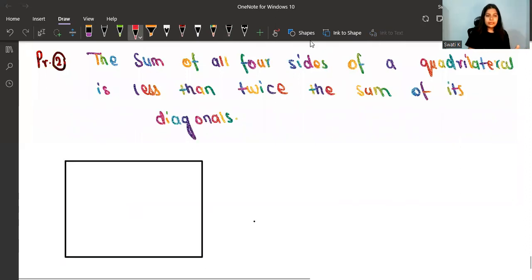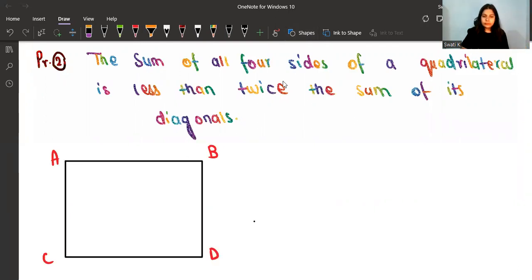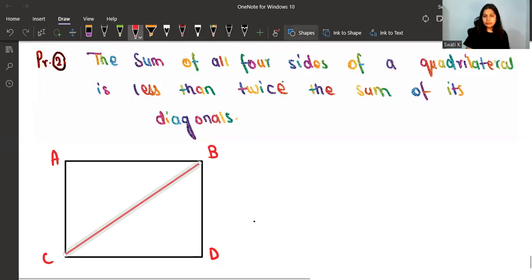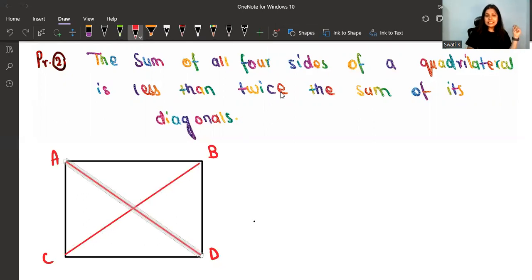So let's name it A, B, C, D. Because here we are also talking about diagonals, let's draw the diagonals as well. This is our first diagonal BC, and the second one is AD. Now what is given in the statement, I'm going to write down as a mathematical equation.